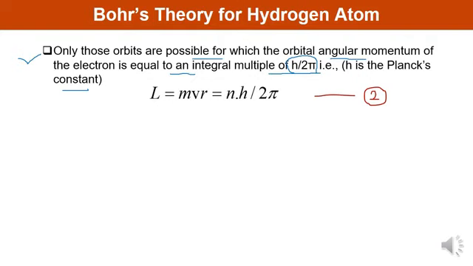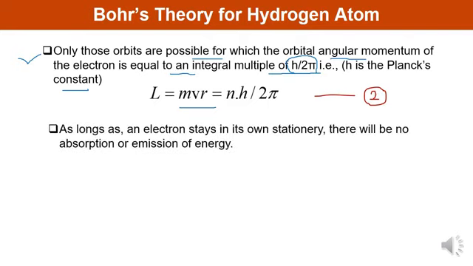So it can be equated as mvr is equal to n into h upon 2 pi. This is for those orbits where the angular momentum of the electron is equal to the integral multiple of h upon 2 pi. n defines the number of the orbit. It may be 1, 2, 3, 4.